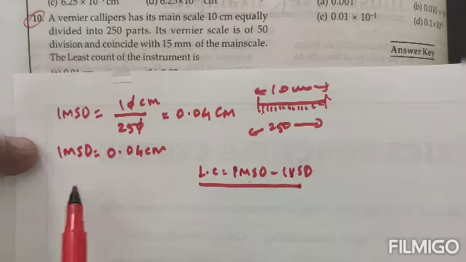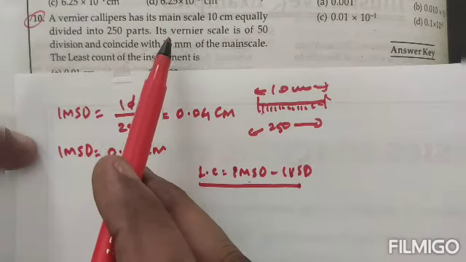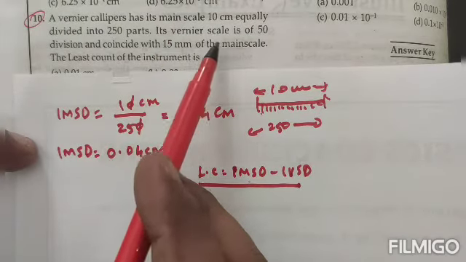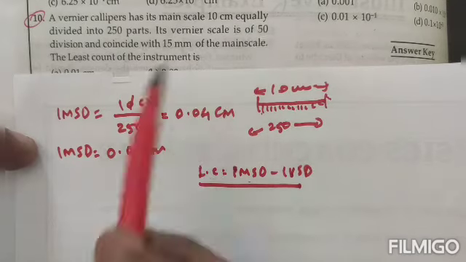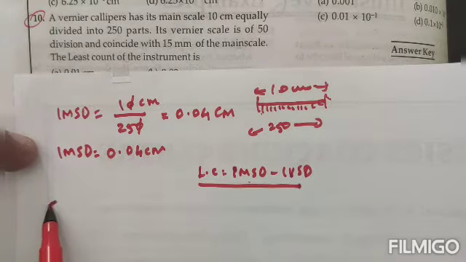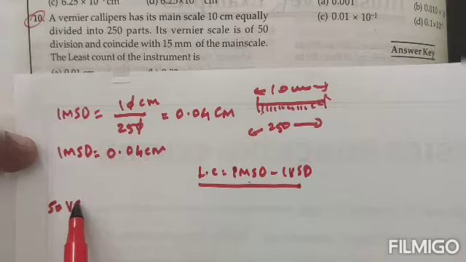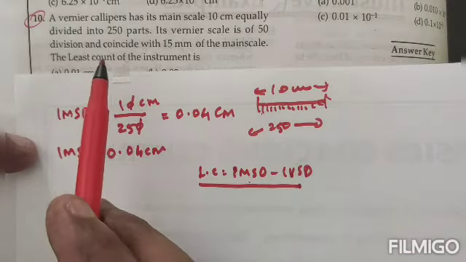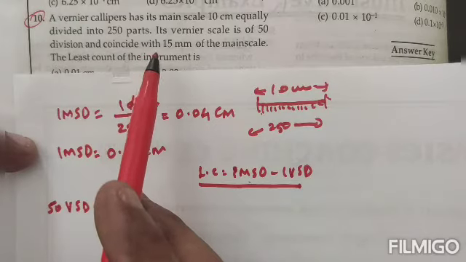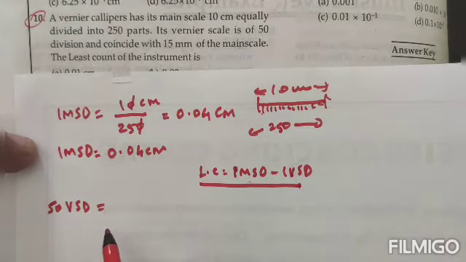So 1 VSD. The next information: the vernier scale of the vernier caliper has 50 divisions. That means 50 vernier scale divisions coincide with 15 millimeter of the main scale.